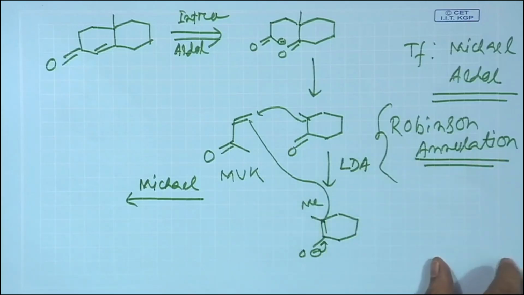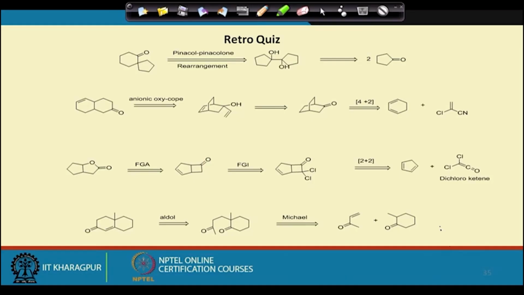Annulations are very useful reactions where you have the possibility of forming rings. This is a simplified version, but it usually follows Michael as well as aldol transformations.